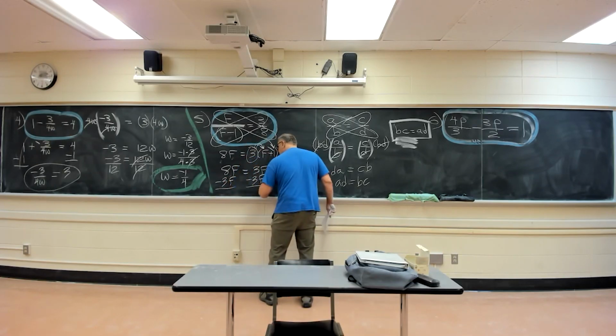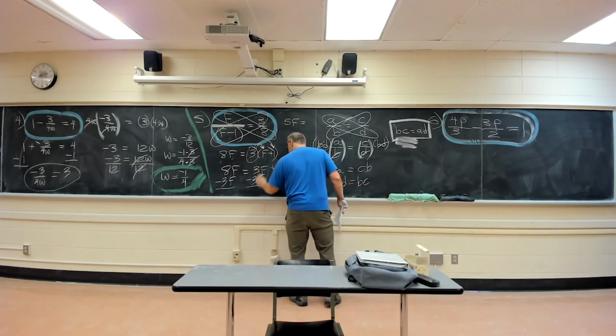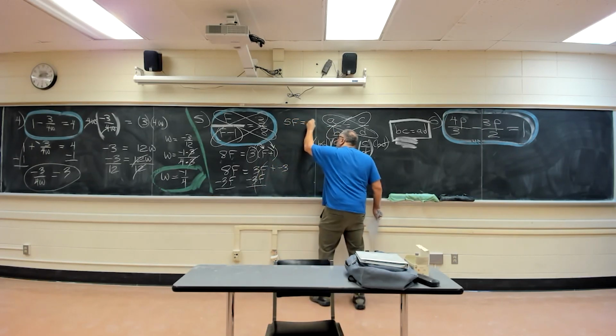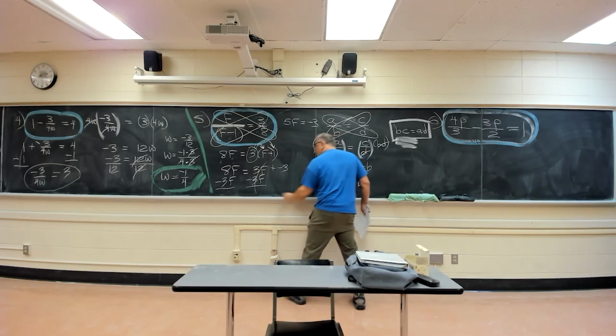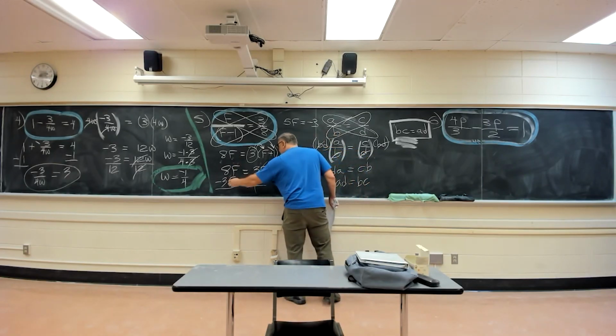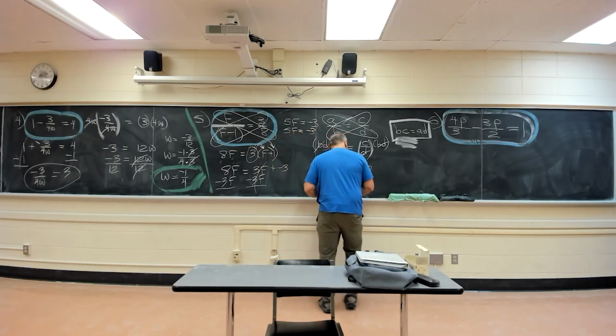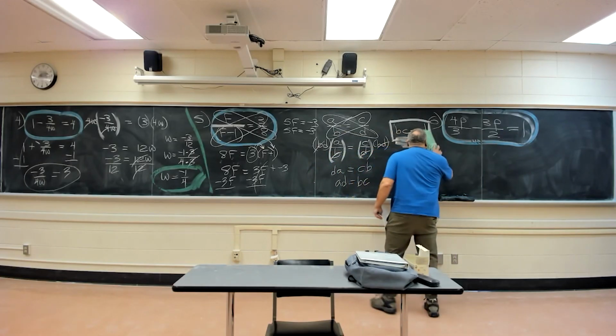Or add a -3f on each side. 8f and -3f is 5f. 3f and -3f is 0. That stays -3. This and this is 0. That stays -3. 8f minus 3f is 5f. Sounds good to me. 5f equals -3. So let's just give ourselves a little more room.